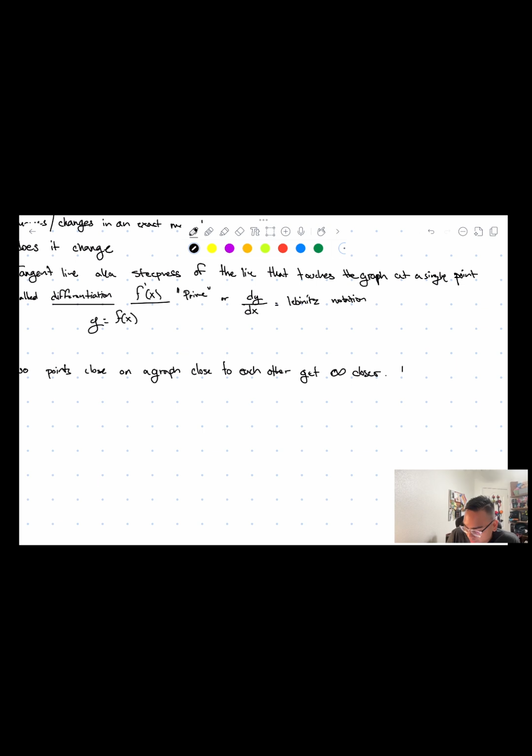And for this one, the slope is pretty much equal to the derivative.